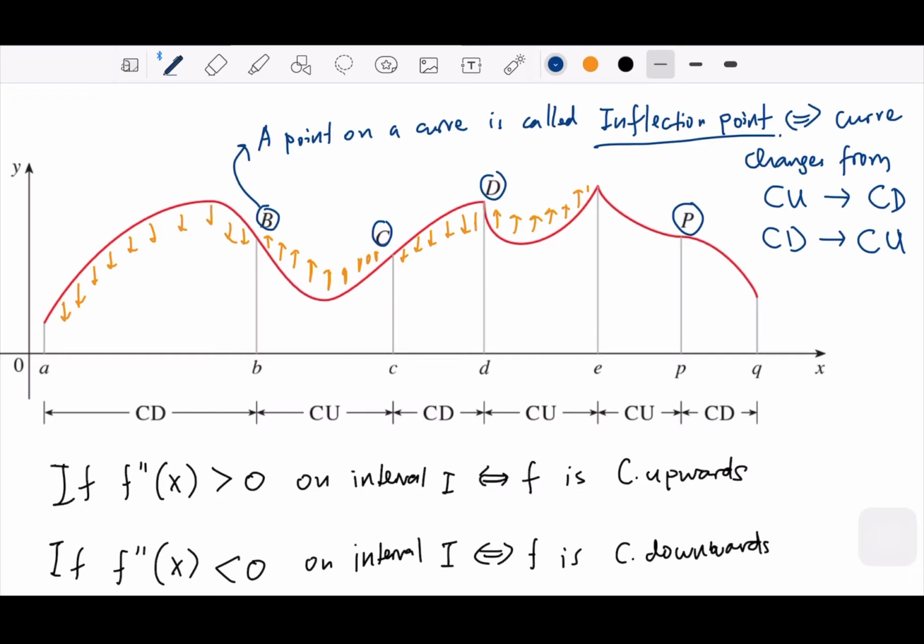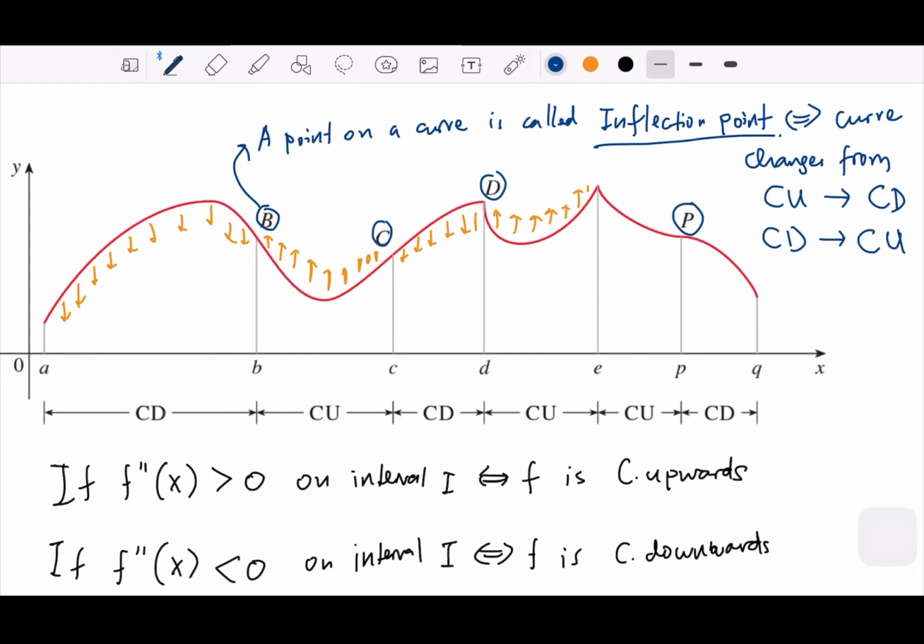And it doesn't really need to be that the second derivative needs to be 0. Okay. For example, this point here, most of the points we have a 0, but in point B, we cannot differentiate at this sharp point, right?